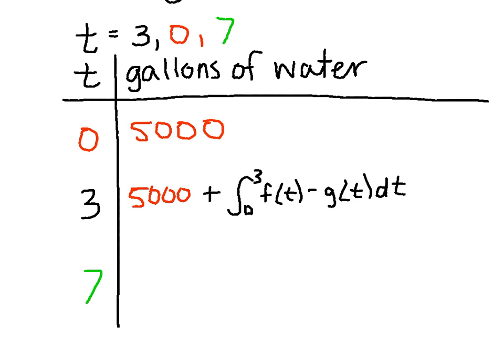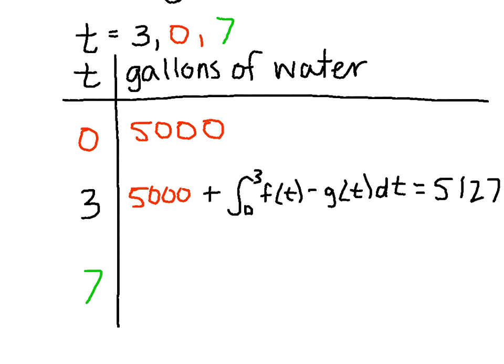The only trick with this is that g of t is 2 different functions. For this domain of 0 to 3, the g of t is equal to 250, so that is what you would plug in and solve for. When you plug that in, you find out that there's 5,127 gallons at that point.